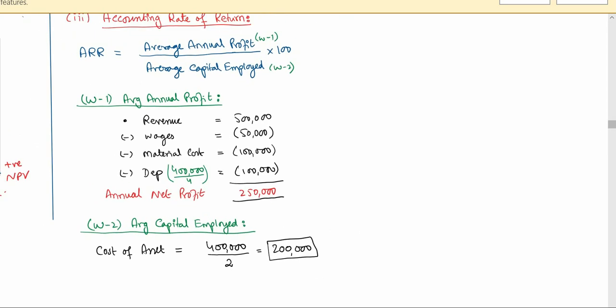Now putting the values in the above formula. Average annual profit is 250,000, divided by average capital employed, 200,000, multiplied by 100. So what is the answer?